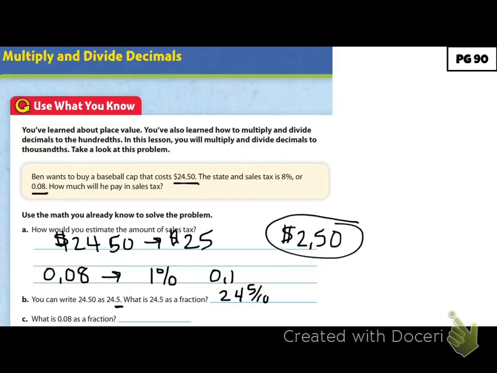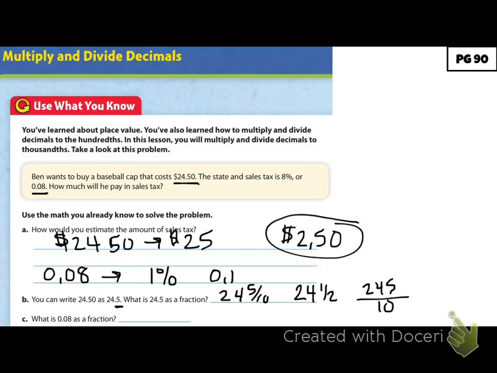So it would be 24 and 5/10. We could simplify that to 24 and 1/2. Or we could make it into an improper fraction, and it would be 245/10. Multiply times your denominator, add your numerator.